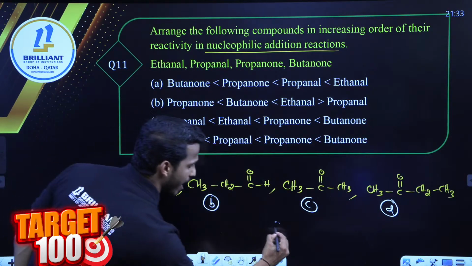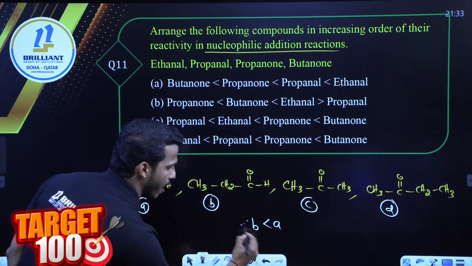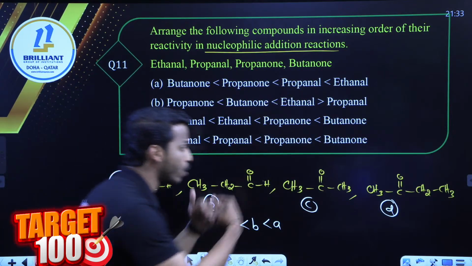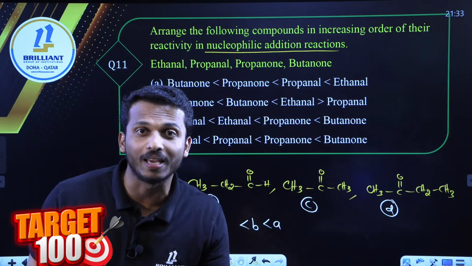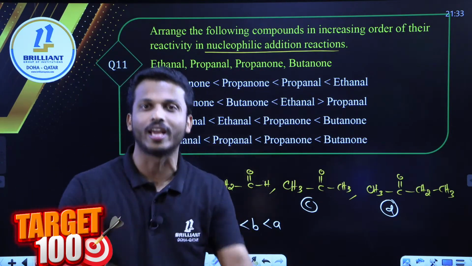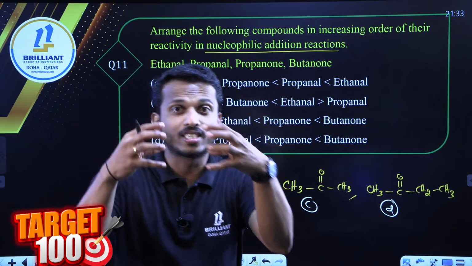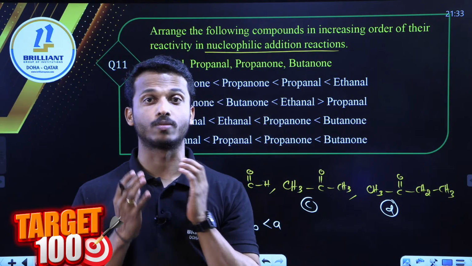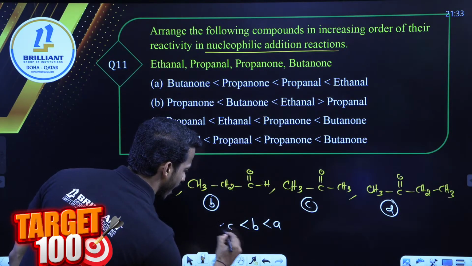So A, ethanal, is greater than propanal. Aldehyde over. Now let's go to ketone. Among C and D, which is more reactive? C, because it contains less donating group. Dear all, the less the donating group connected to the carbonyl compound, the more reactive it is towards nucleophilic addition. So that is C and D.